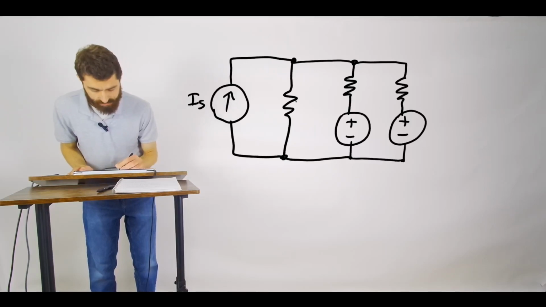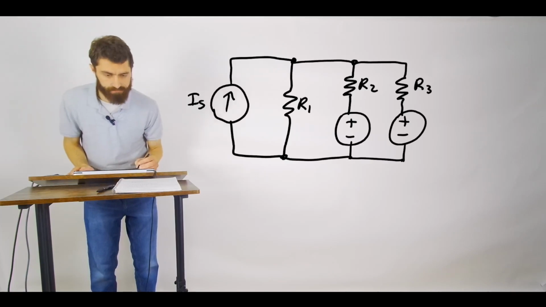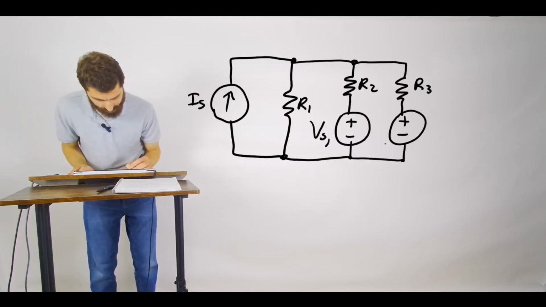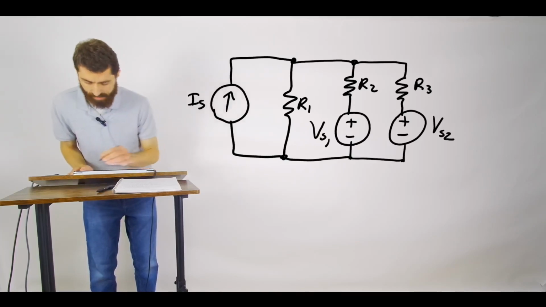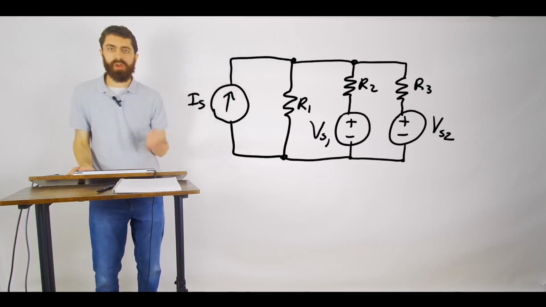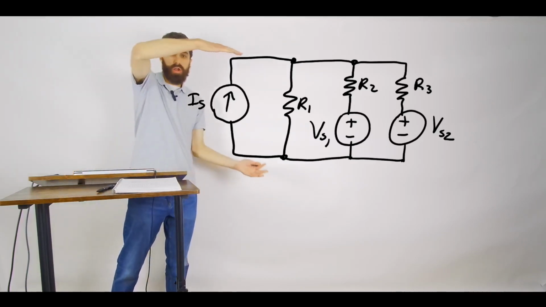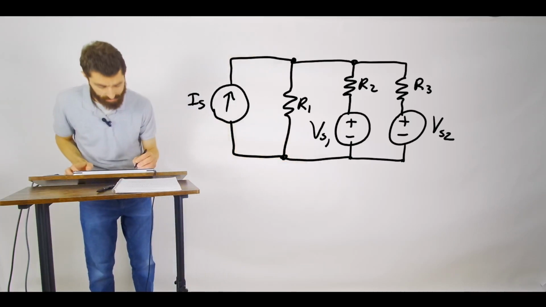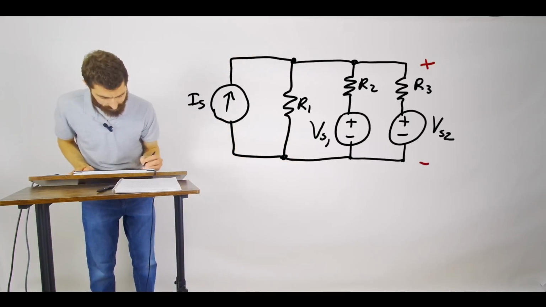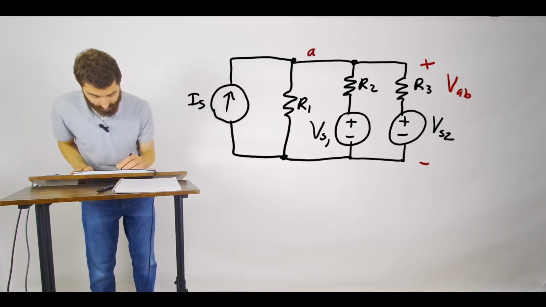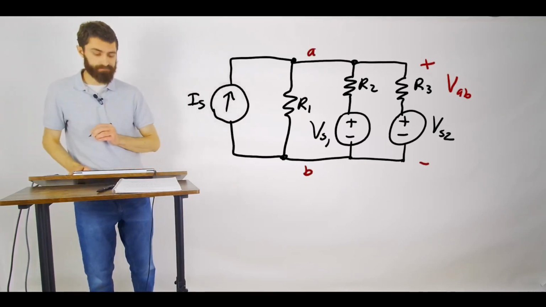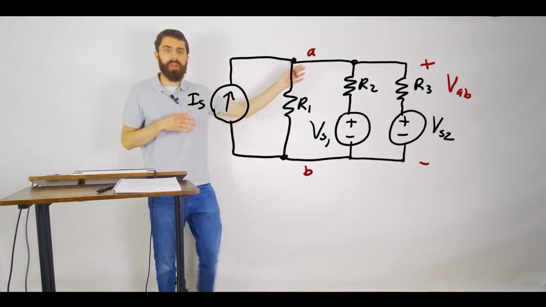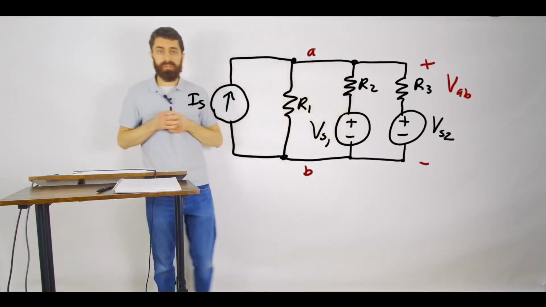I'll call this R1, R2, and R3. This will be VS1 and VS2. And let's suppose that we want to find the voltage across this whole circuit, plus or minus, I'll call it VAB if we called this node A and this node B. And so we want to find what that voltage is.